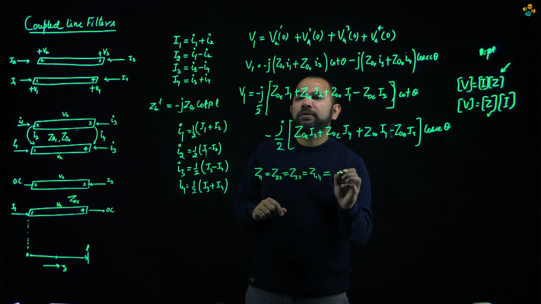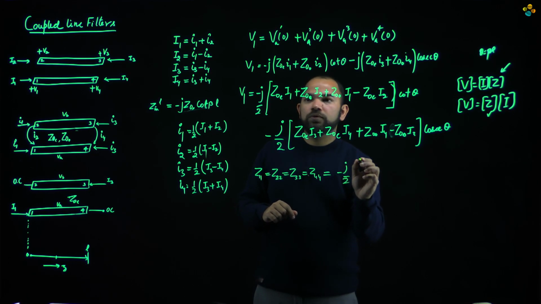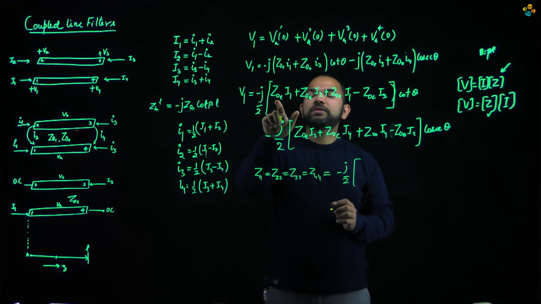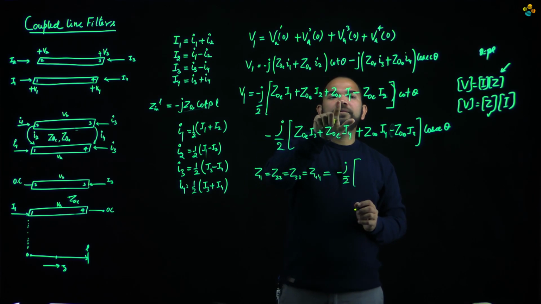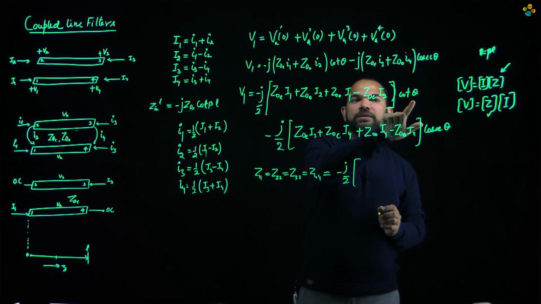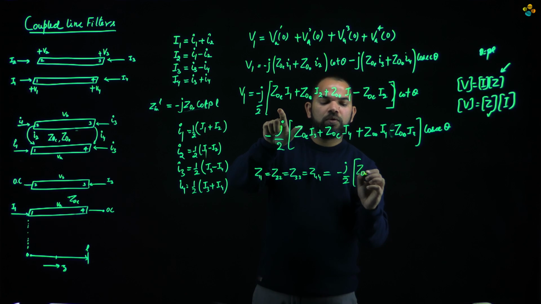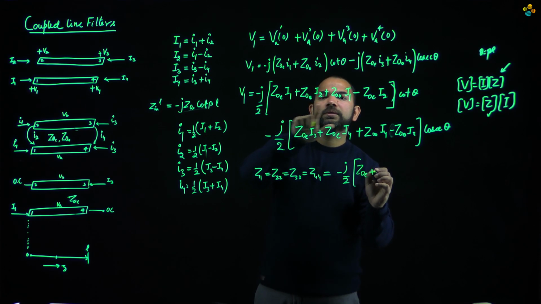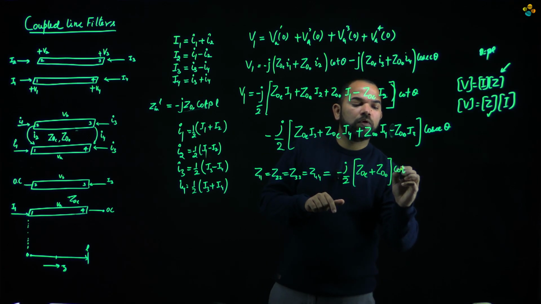So this is going to be j Z0 by 2. This term is I1, this term is I1, and this is the cot here. So what is it going to be? ZOE plus ZOO into cot of theta.